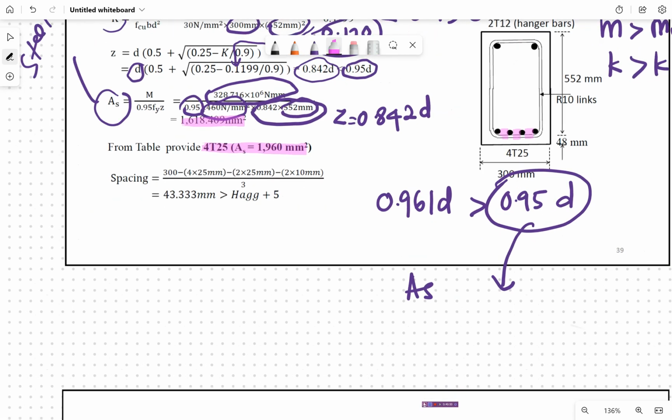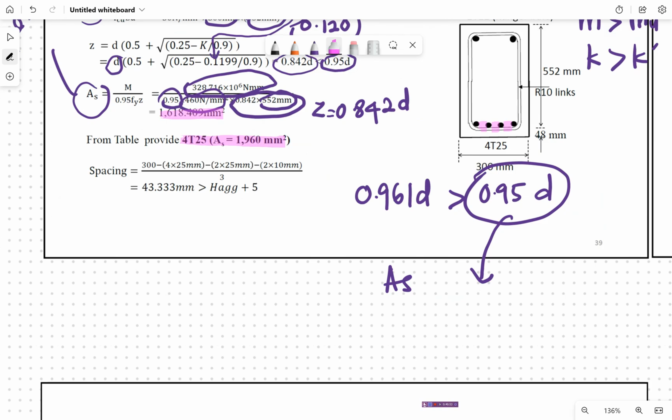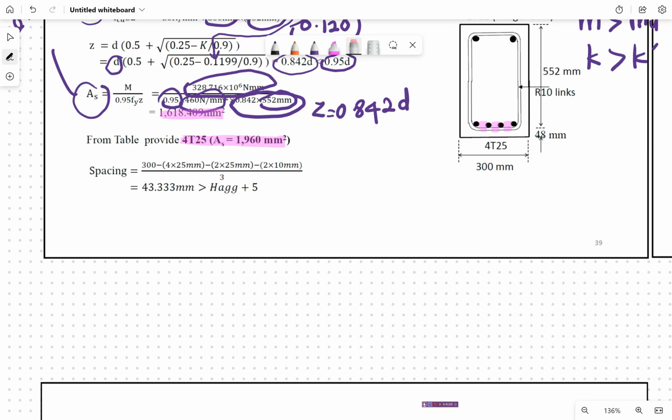Jadi first apa yang kita ada is the width of the beam, which is 300 mm. Okay, so put 300. Right, so bila kita tolak minus, kita nak tolak area yang lain-lain supaya kita dapat spacing yang kat tengah tu je.